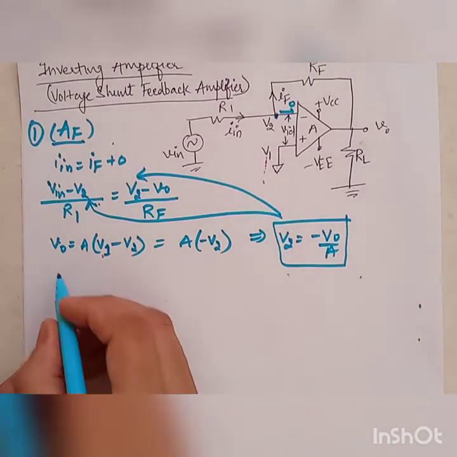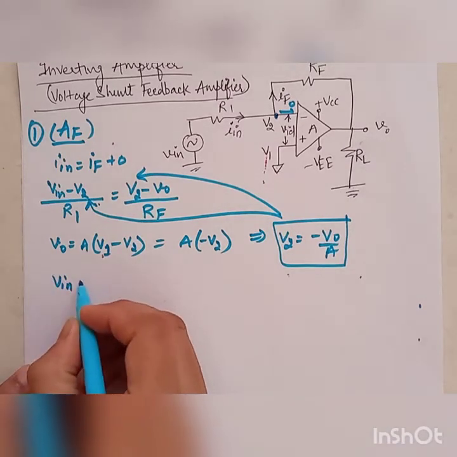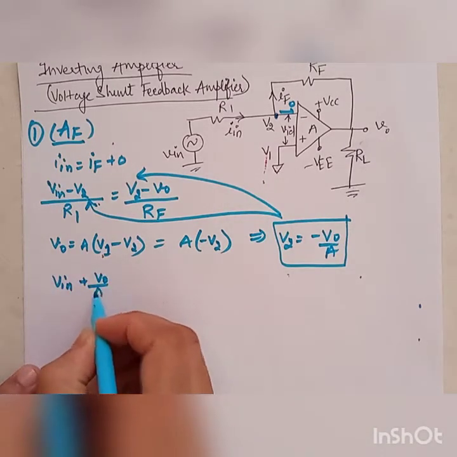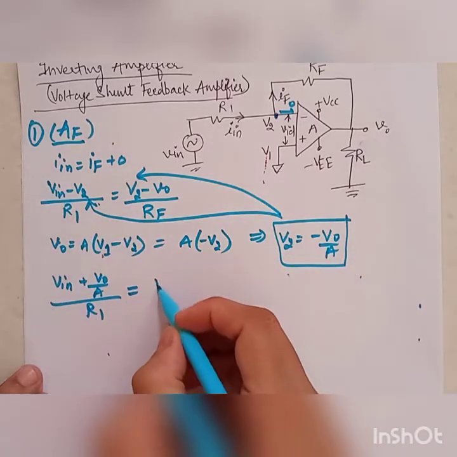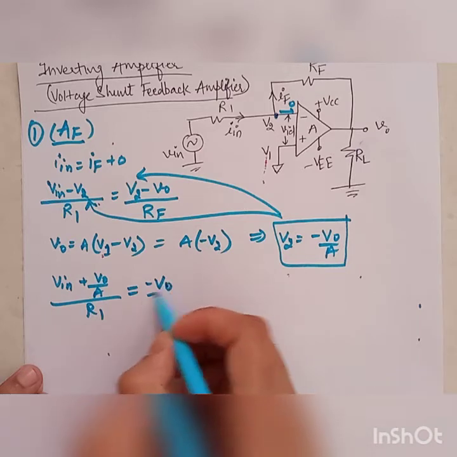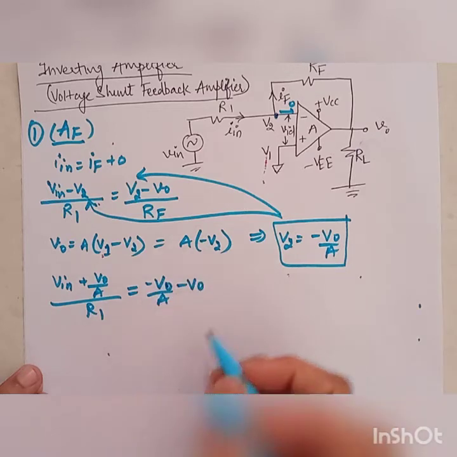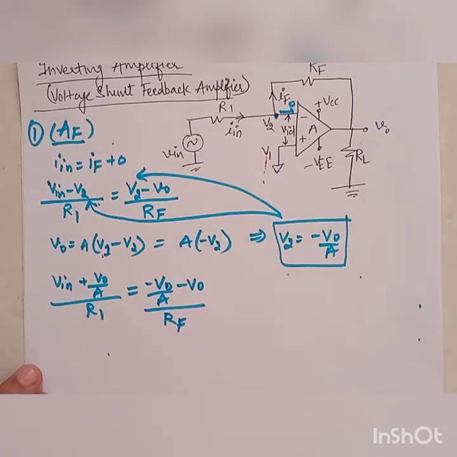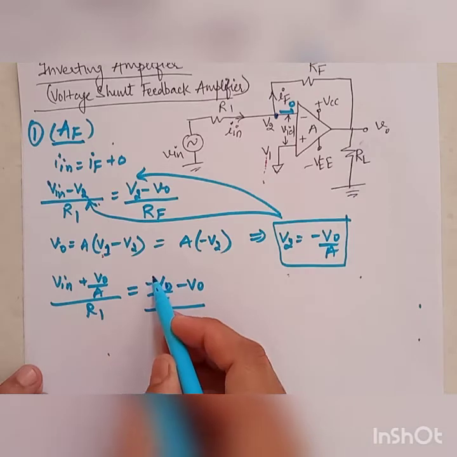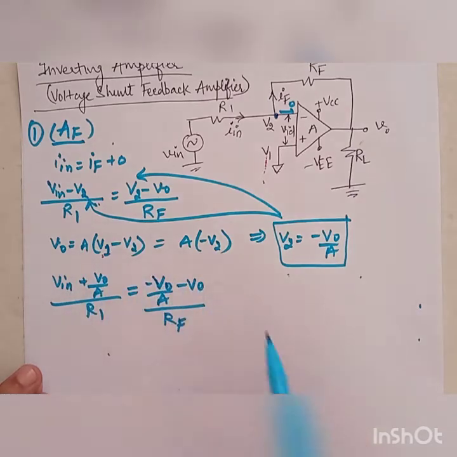So when I substitute, I'll get V in plus V0 by A, because minus minus is plus, divided by R1 is equal to minus V0 divided by A RF minus V0 divided by RF. So this is the I in is equal to IF equation.